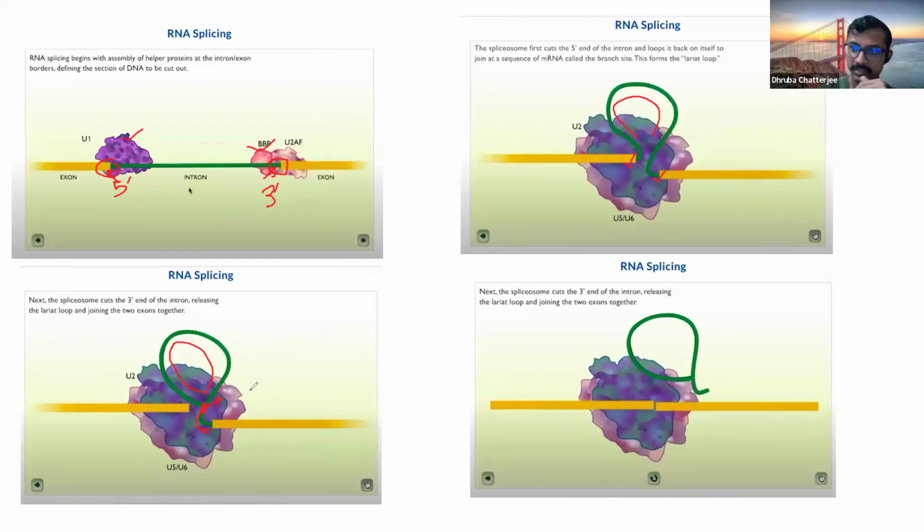Then in the next step, the 3' end of the intron gets cleaved from the exon, and this intron lariat, called the intron lariat because it is the circular covalently closed part of the intron but also having a 3' tail, is released. Eventually these exons are joined together to form a continuous mature mRNA, consisting of just the exonic regions and not the intronic regions, right?